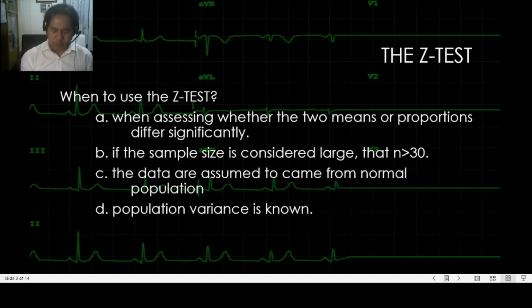Now, if the population variance is known, it will follow that the standard deviation will also be known, or the population standard deviation is also known. So those are the four considerations that we are going to look into if we plan to use the z-test to test our hypothesis.